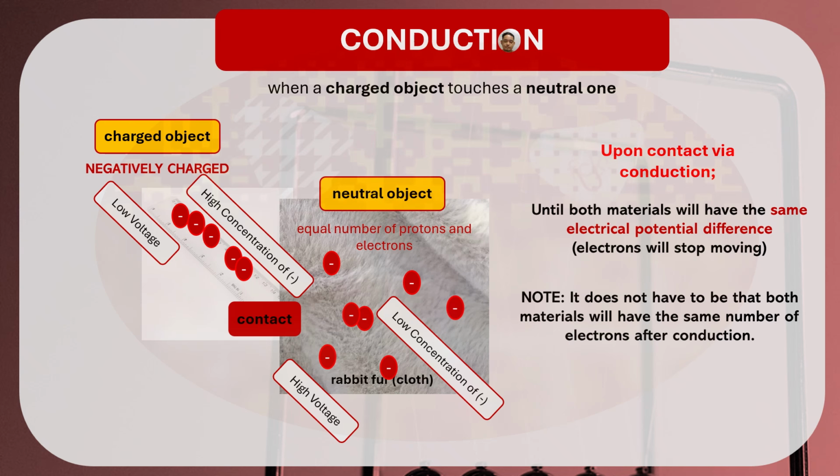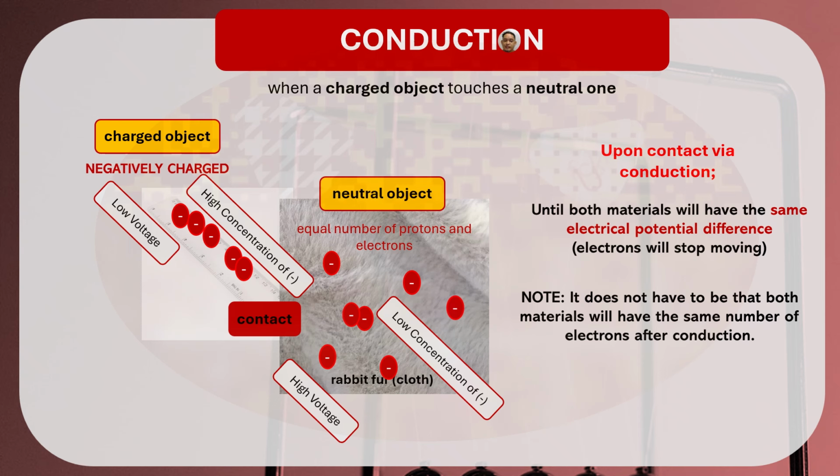And please take note, some students will think that when voltage is the same between two objects, there is the same number of electrons between the charged ruler and the rabbit fur. It does not have to be like that. We will have a separate lesson for voltage in our next chapter, but it doesn't mean that they have the same number of electrons.